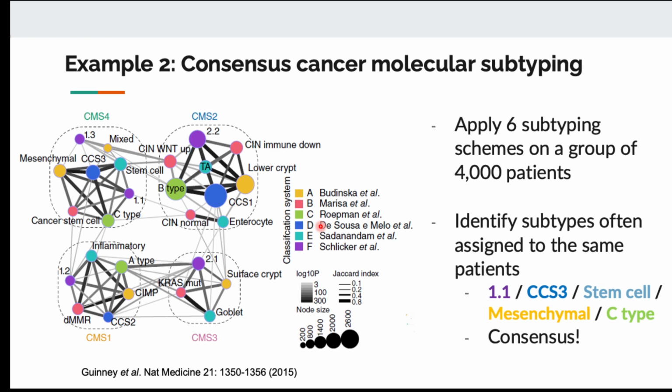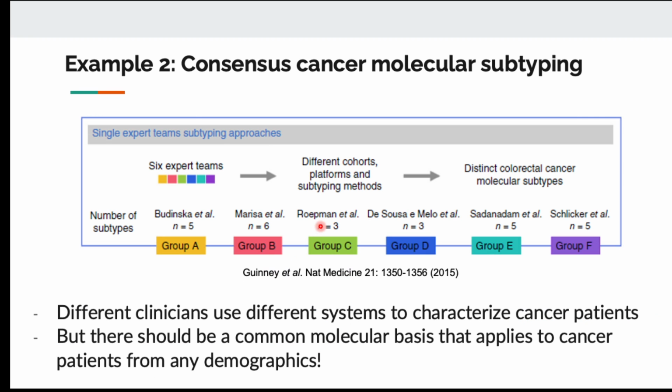And the question they're asking is, can we identify if these 5 subtypes that group A uses, these 6 subtypes that group B uses, these 3 subtypes that group C uses, these 3 subtypes that group D uses, share anything in common? Can we map group A1 to B2? Can we match group A1 to C2, for example?